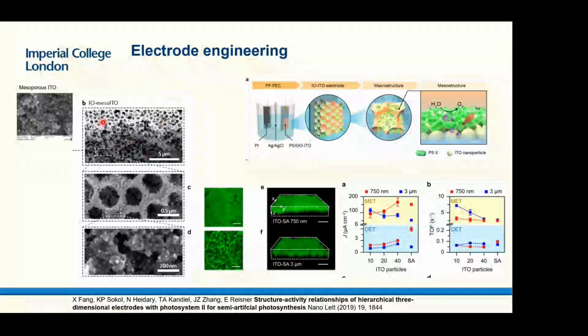Practically, they deposit indium tin oxide nanoparticles together with polystyrene beads, and then they sinter the electrode, and that leads to the destruction of the polystyrene beads, leaving the cavity, and in the rest of the structure around it, you get the sintering of the nanoparticles to form the mesoporous structure of the indium tin oxide.